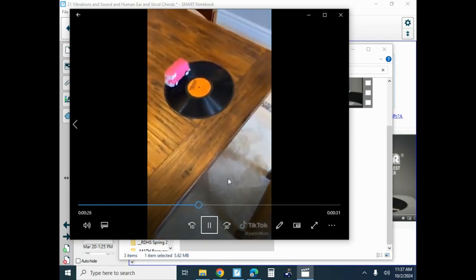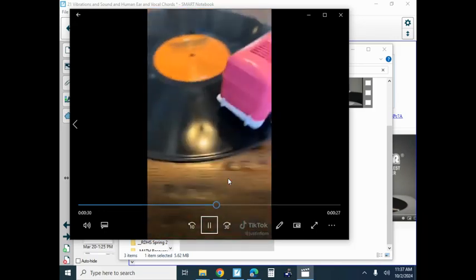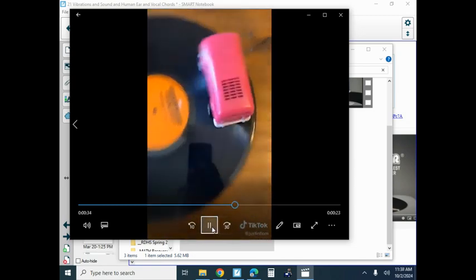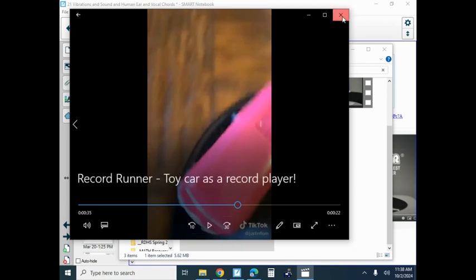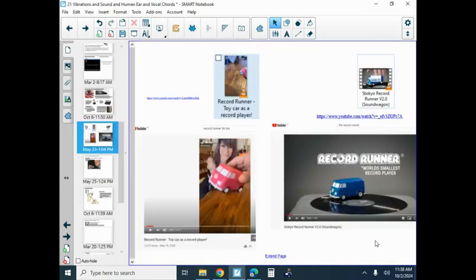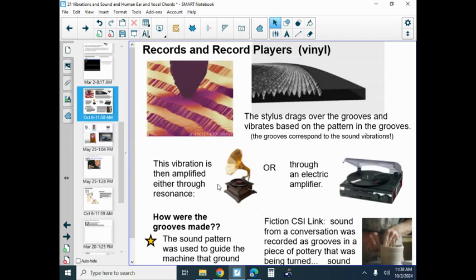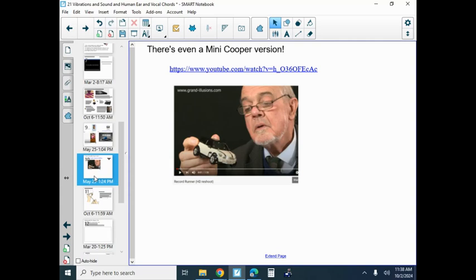Okay. Oh, you hear it? So it just has a little needle following along the grooves and playing the sound, probably just by resonance and acoustics, like the old school stereograph machine.